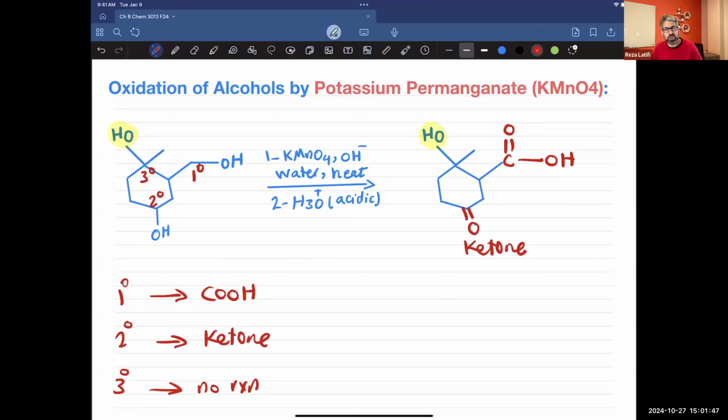And that's going to be the final product. Again, this is a strong oxidizing agent. In order to run the reaction, you need a high temperature and also a basic solution. And whenever the reaction is done, at the end you will treat it with an acidic solution, to protonate any negative charge there.